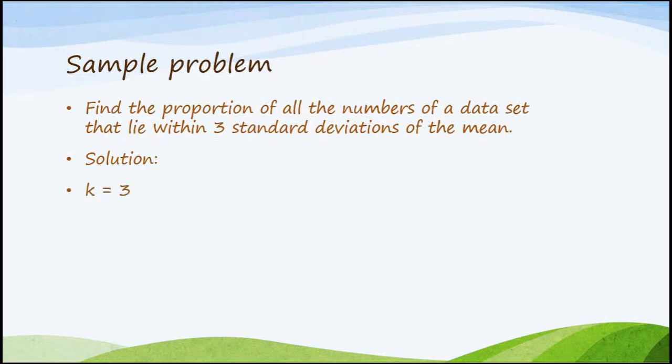So 1 minus 1 over k squared is equal to 1 minus 1 over 3 squared, which means we will have 1 minus 1 over 9, which is equal to 8 over 9, and it is equal to 0.889. Do you get the same answer? The answer is 0.889.